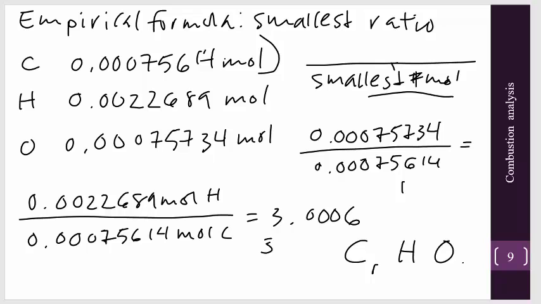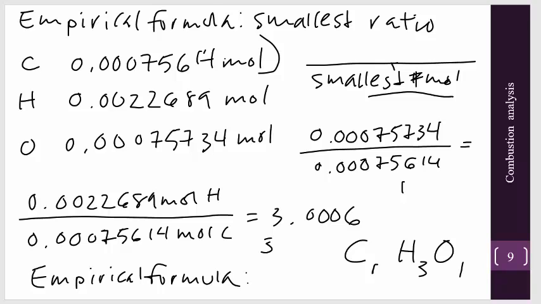We know there's the same number of carbons and oxygens there, and for hydrogen it's 3. So what we have for our empirical formula is CH3O. That's it.